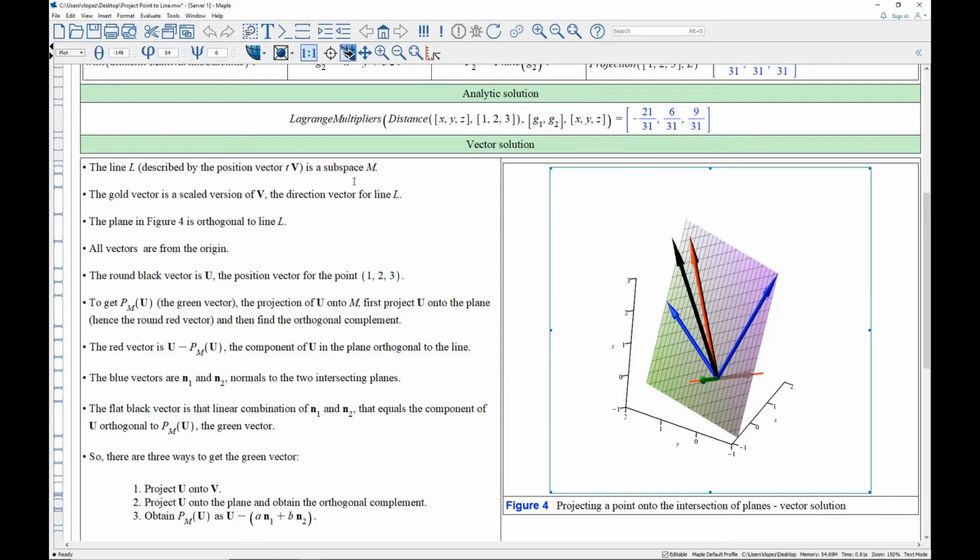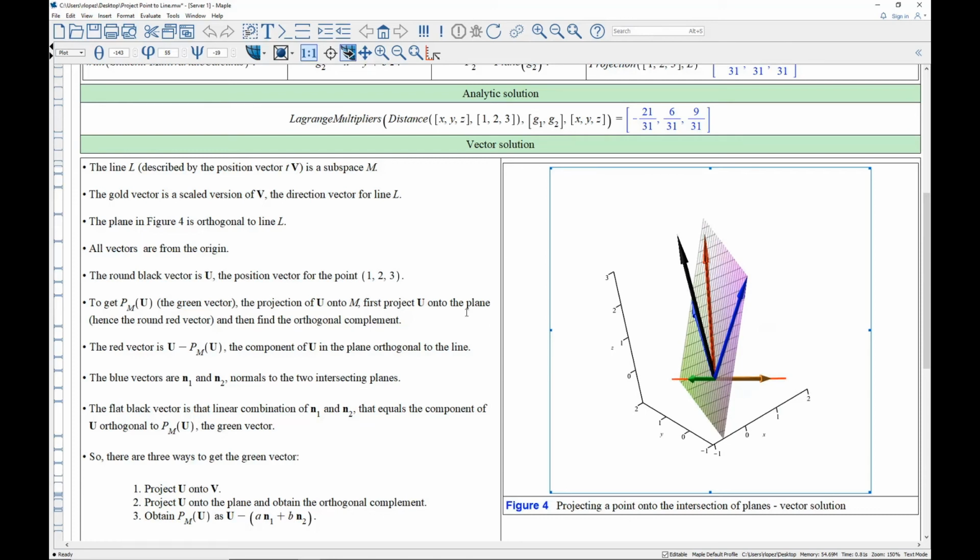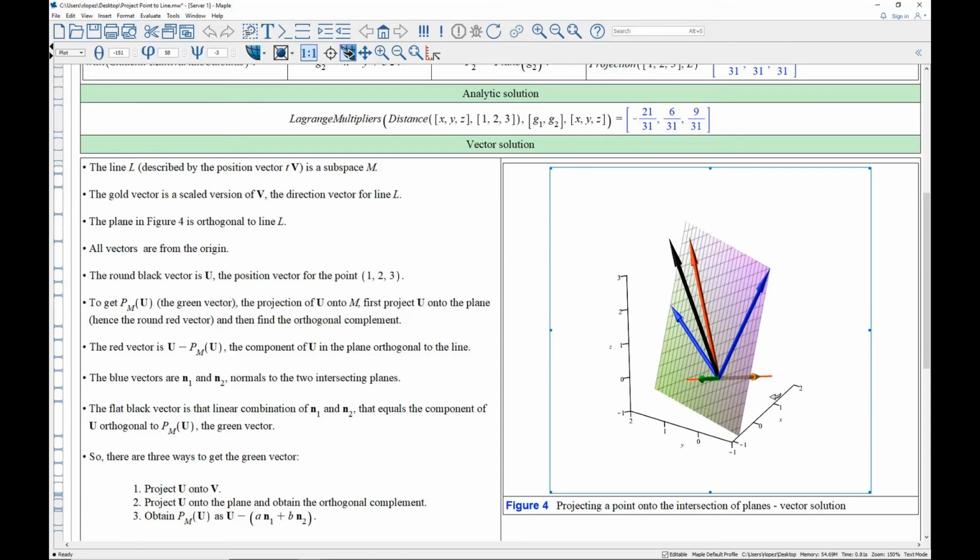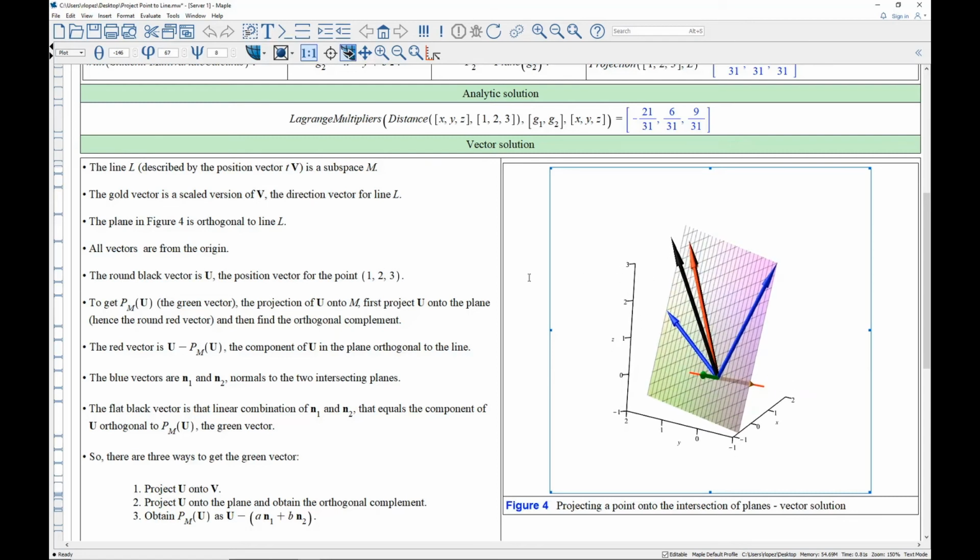So let's look at some of the stage directions that we have here. So we have the line L. It's described by the position vector tV because it goes through the origin. And you can think of it as a subspace. The goal vector, well, that's the direction vector, but I had to scale it so that this diagram wouldn't look terrible.